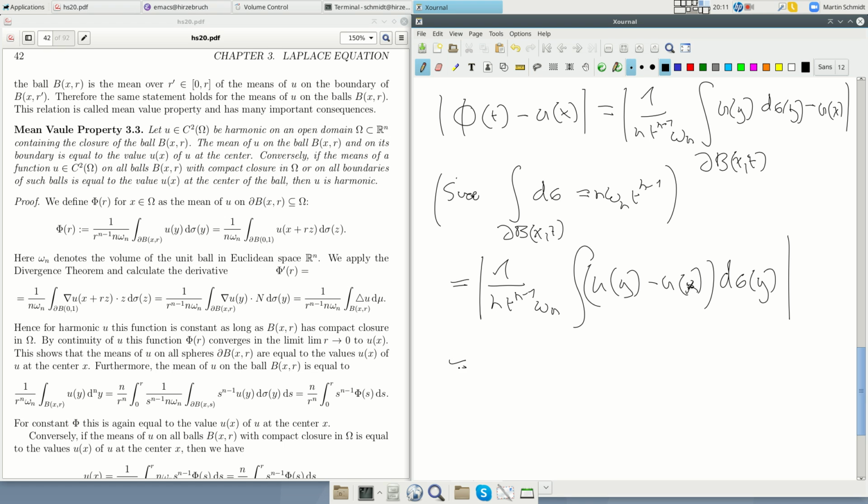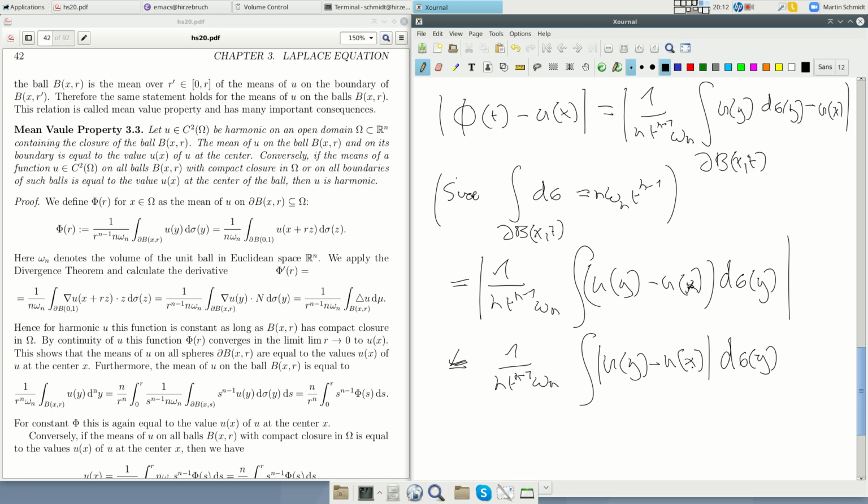And now, clearly, this is smaller if we put the absolute value inside the integral, by the triangle inequality. So the integral of u of y minus u of x d sigma of y.